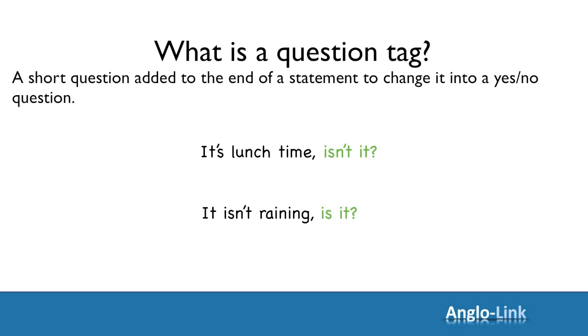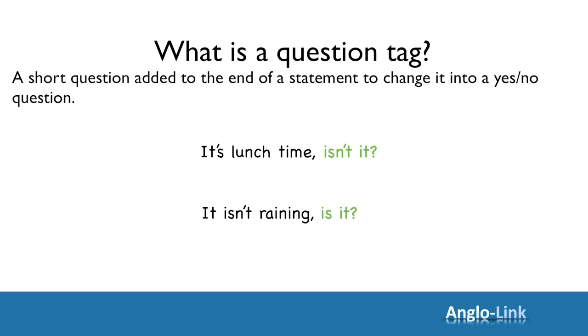Notice that when the statement is positive, the tag is negative, and when the statement is negative, the tag is positive. Also notice that the negative tag is in contracted form, isn't it?